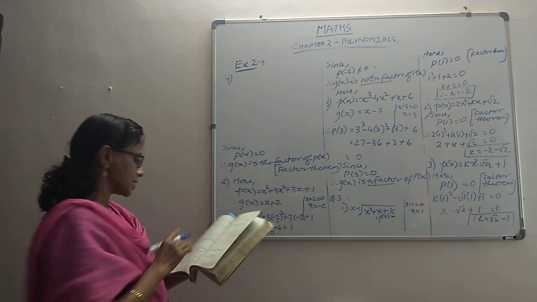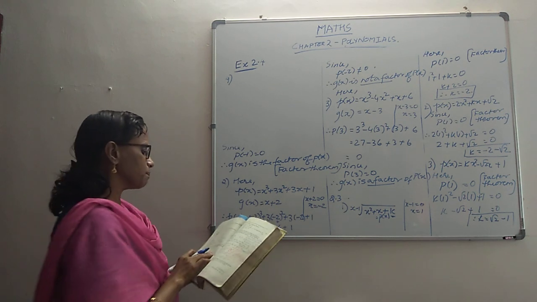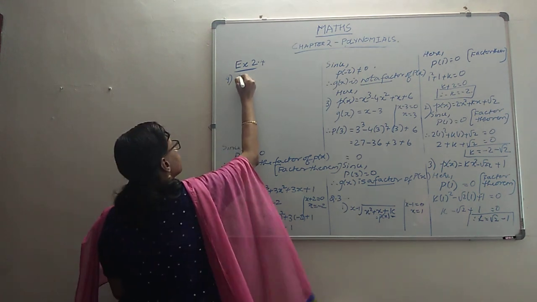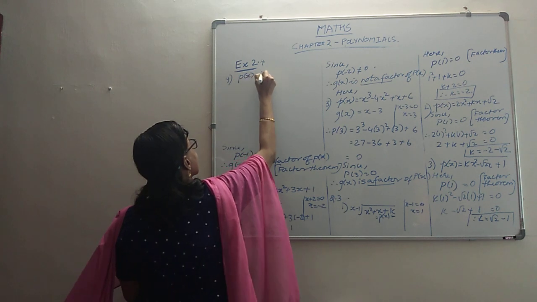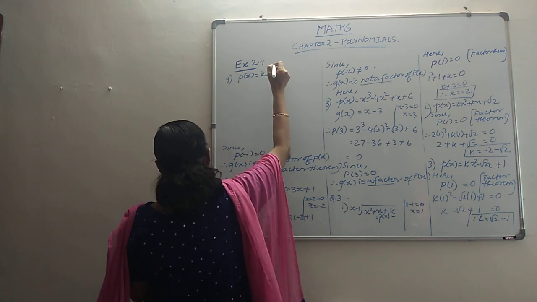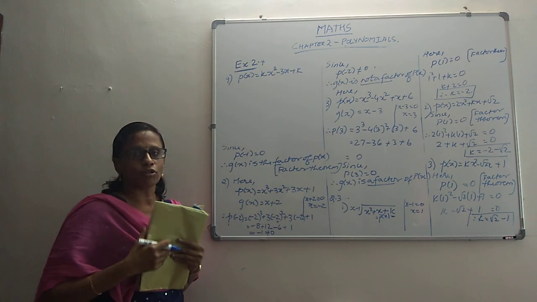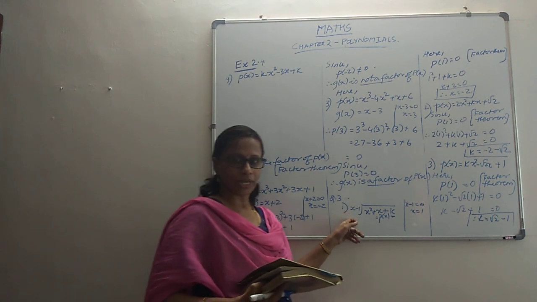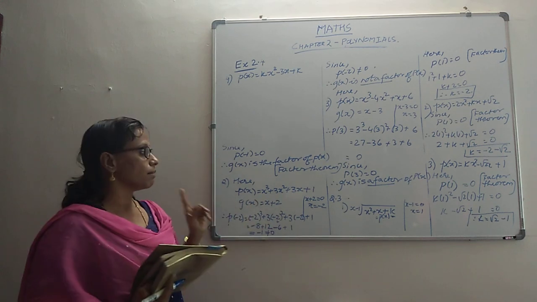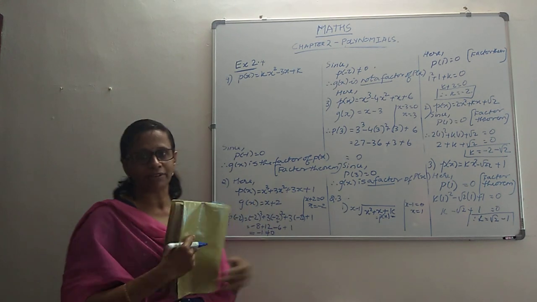In the fourth subpart, they tell us that the p of x that's given to us is kx squared minus 3x plus k. Same idea, we know that x minus 1 is a factor over here, so p of 1 is going to be 0 by factor theorem.